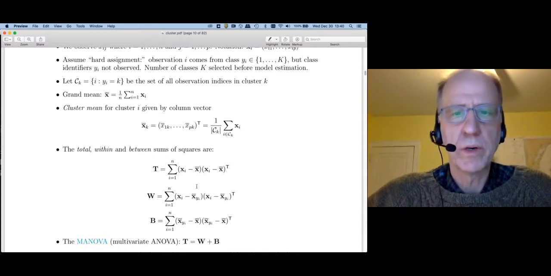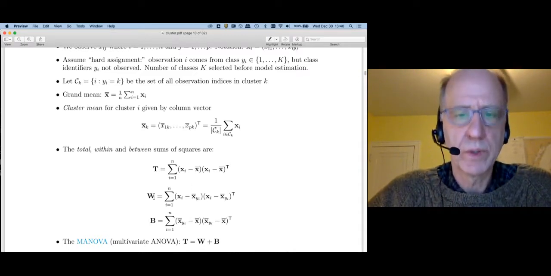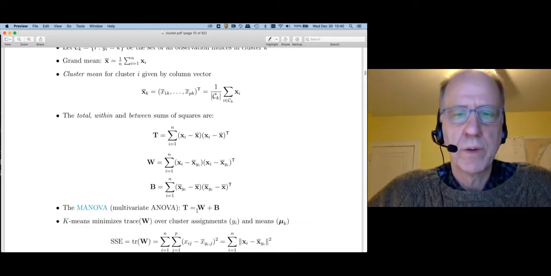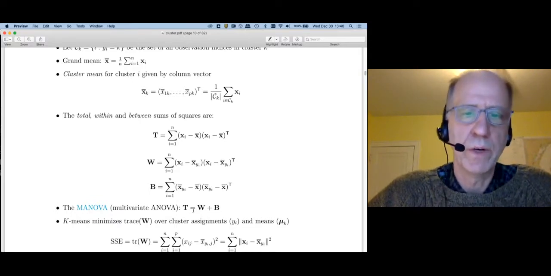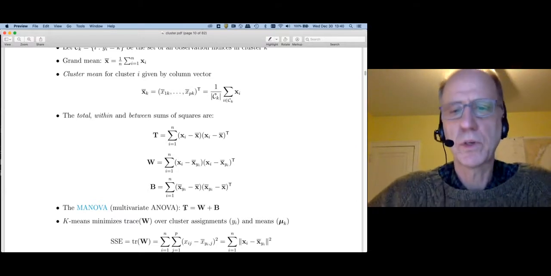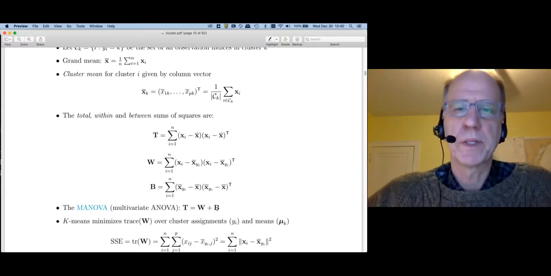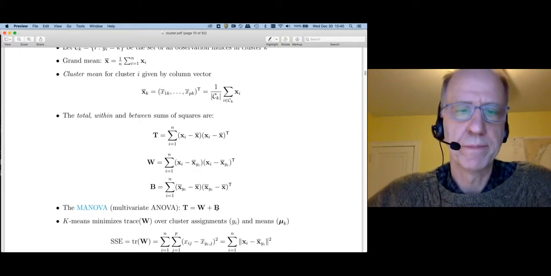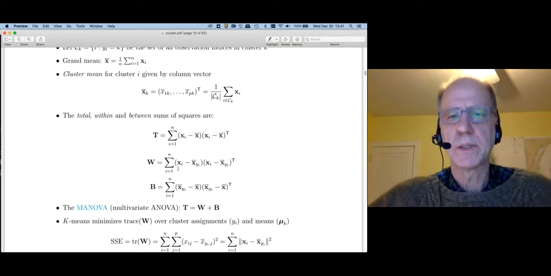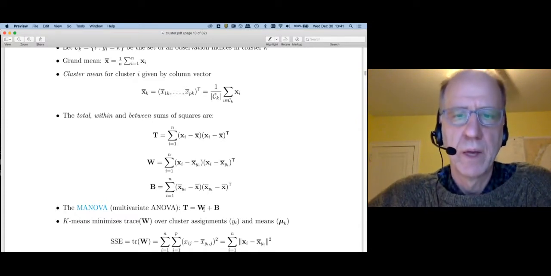Now, with one-way ANOVA, I reminded you that the total variance is the within plus the between. Well, there's another identity called the MANOVA, or multivariate ANOVA identity, which says the same thing. So the total variation in the data is simply the within variation plus the between group variation. So k-means minimizes the within cluster variation.